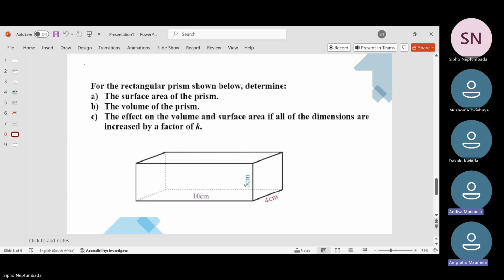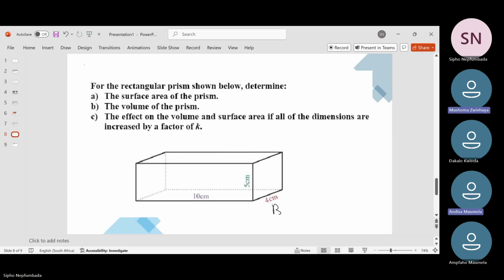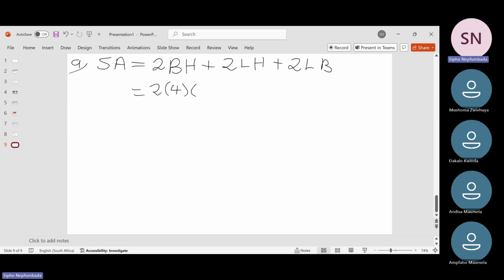4 centimeters. Good. We're going to put 4. And what is our H? 5 centimeters. This is our H, this is our L. You guys are smart.